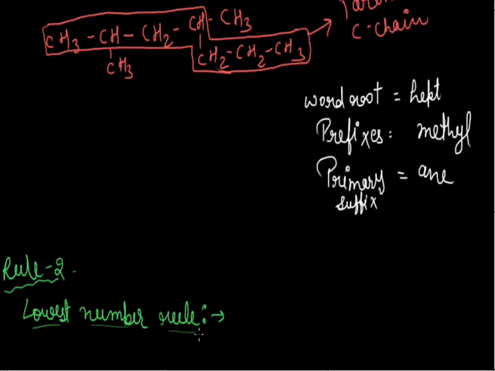In the lowest number rule, the chain selected is numbered in terms of Arabic numerals, and the positions of the alkyl groups are indicated by the number of the carbon atom to which the alkyl group is attached. So we will number the carbon chain from the side in which the substituent groups are present nearer.